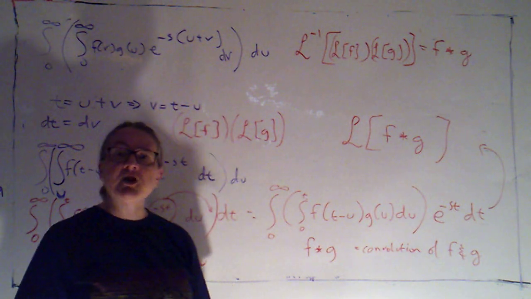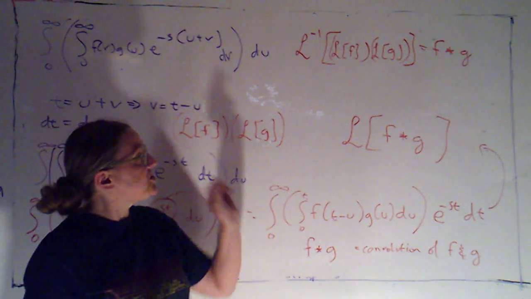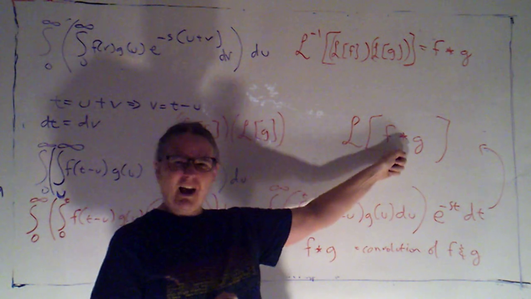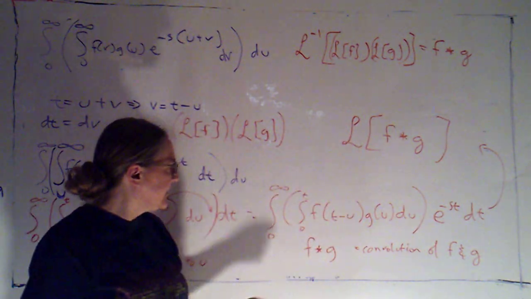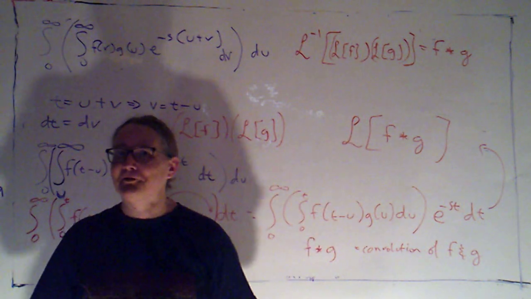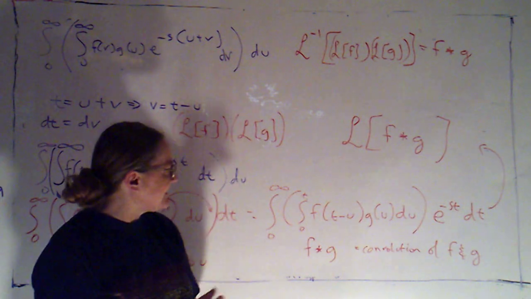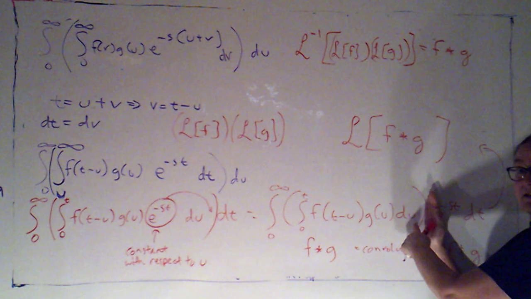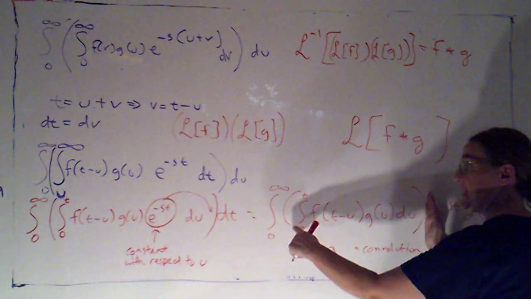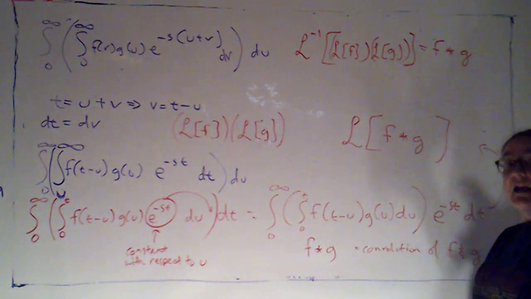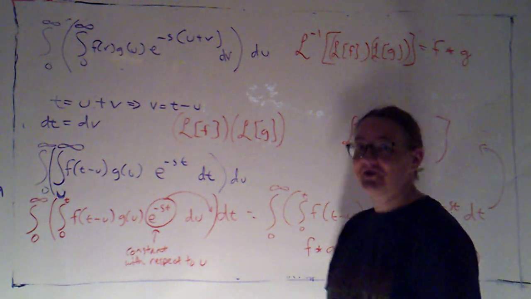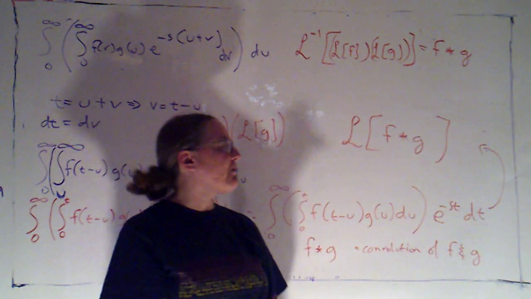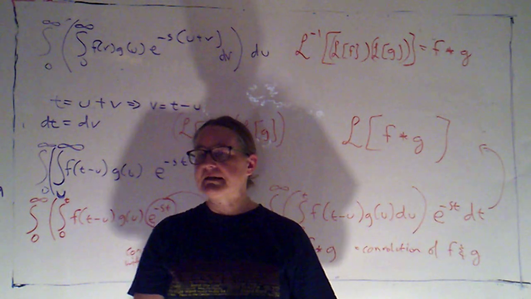I think what we're going to do in the next video is just practice actually calculating a convolution, because it is a little bit of a convoluted argument. So we'll practice calculating that to see that u really is a dummy variable and this does just become a function of t. And then we'll take a look at some differential equations that we can solve by using convolutions.